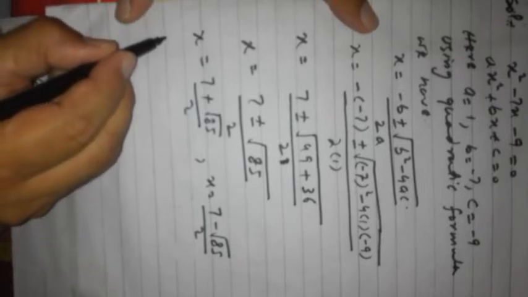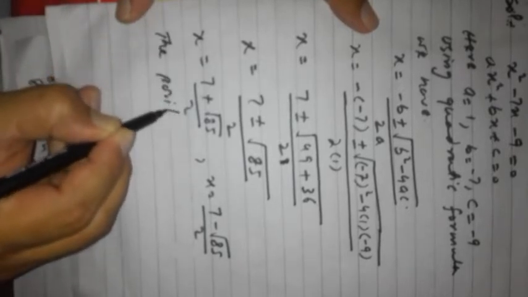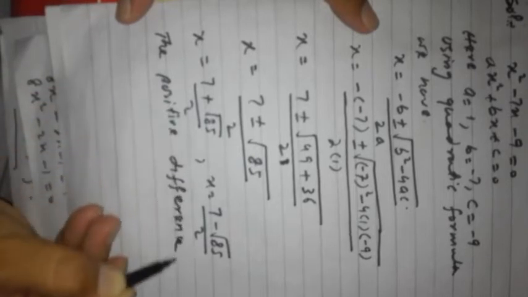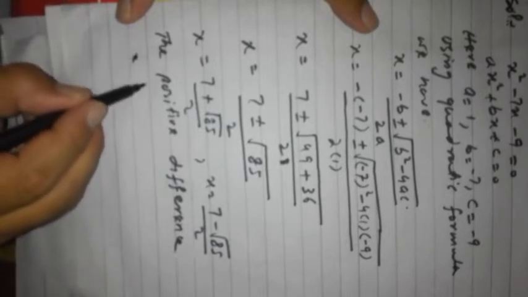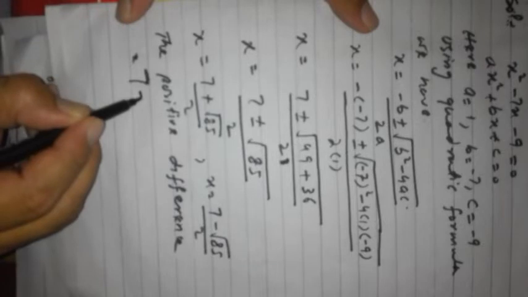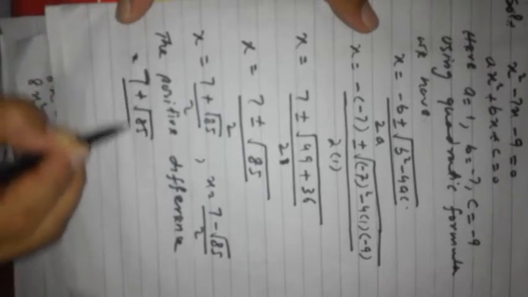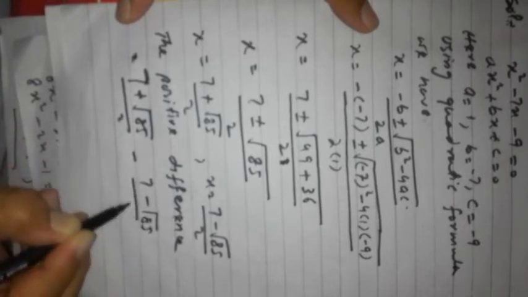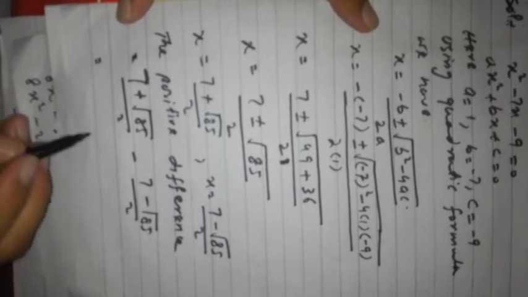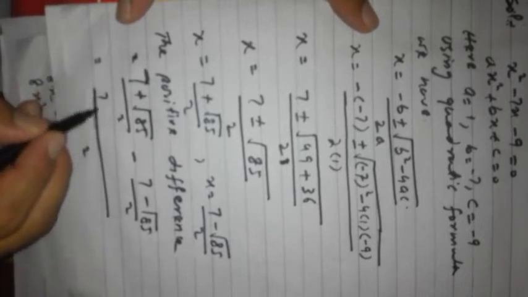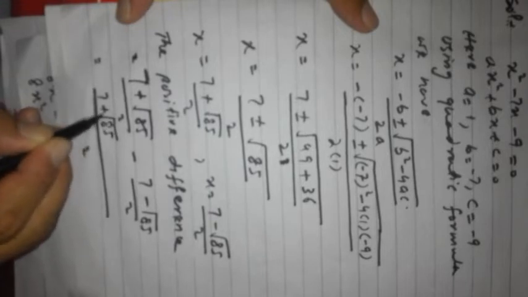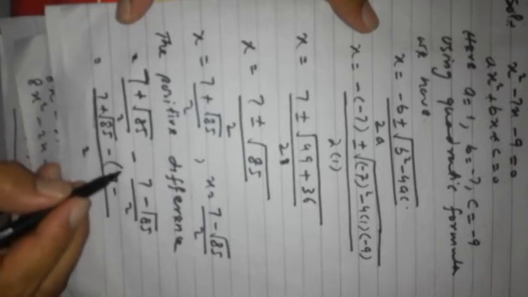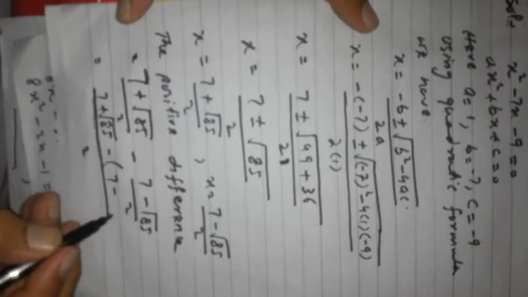So right here the positive difference is equal to 7 plus under the root 85 divided by 2 minus 7 minus under the root 85 divided by 2. Take the LCM, which is 2. 7 plus under the root 85 minus, put the bracket here because this minus will multiply here and the sign will be changed, it will become positive.